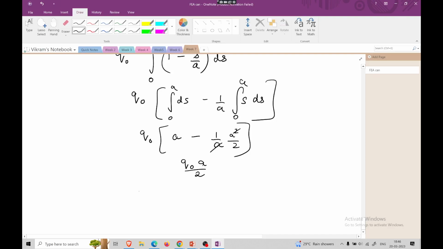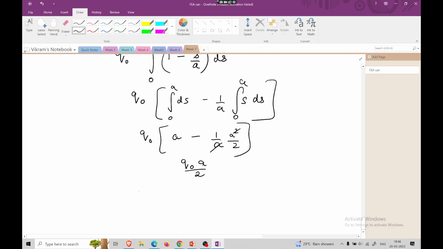So we will now calculate Q2. Q2 is nothing but the integral along the boundary of Qn into psi 2. Similarly, this integral also we will have the component only along 1 2, because along 2 3 and 3 1 the source terms are 0. So along 1 2, how will it be? My Qn is nothing but a constant Q0.